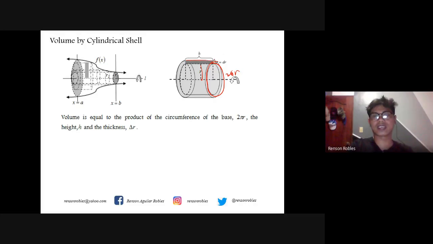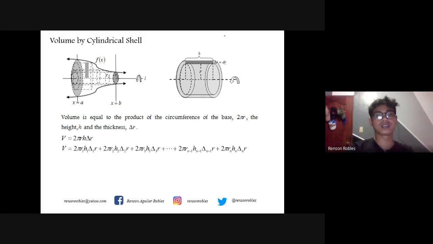And the thickness is your delta r, the change in radius, because the radius will change from one point to another. So you have here r1, r2, r3, r4. Then you know that the volume of the solid is 2 pi r h delta r, where delta r is the change in r.